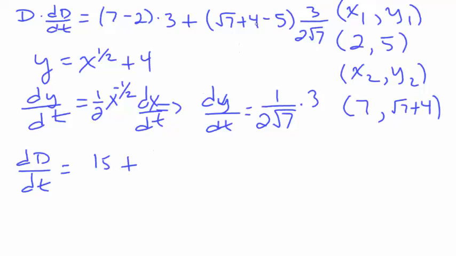Plus, and now we've got 4 minus 5 is negative 1. So we're going to be left with the square root of 7, it looks like minus 1. Alright, and it's multiplied by 3 over 2 square roots of 7.